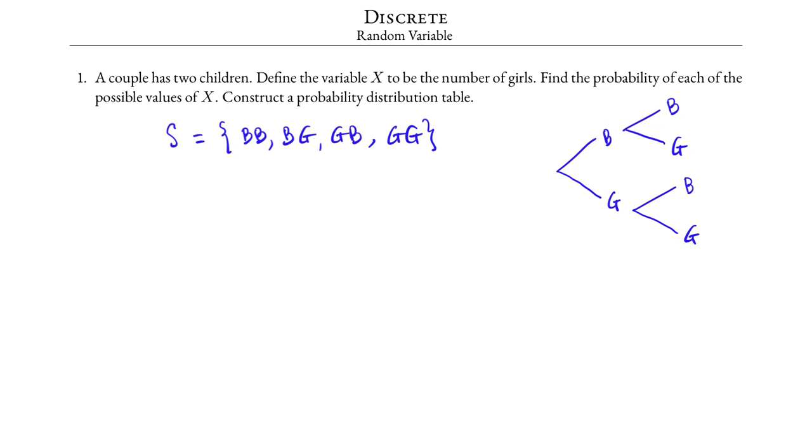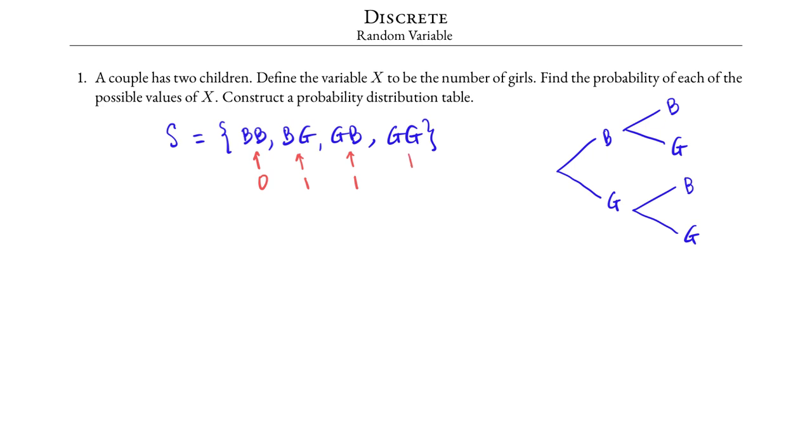However, in this case, x is defined to be the number of girls, so if we look at the first outcome, how many girls are in there? None, 0. The second possible outcome? Well, 1. The next possible outcome, again 1.